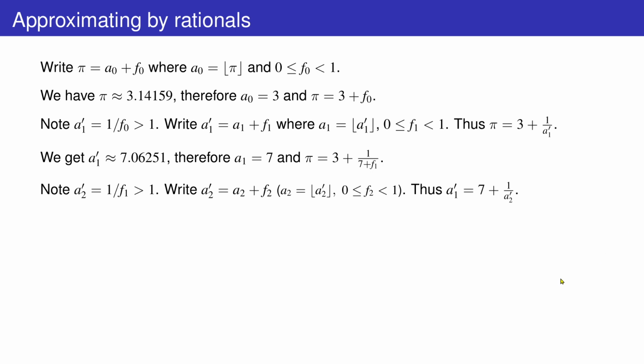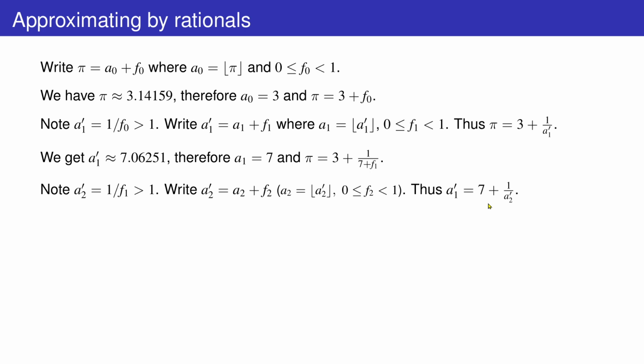So we can repeat this process. We can think, okay, this fractional part, take its reciprocal, that would be greater than 1, so we can decompose it further into its integer part plus some new fractional part, f2 say. And so we can say a1 prime is 7 plus this 1 over a2 prime, and we're going to decompose a2 prime further.